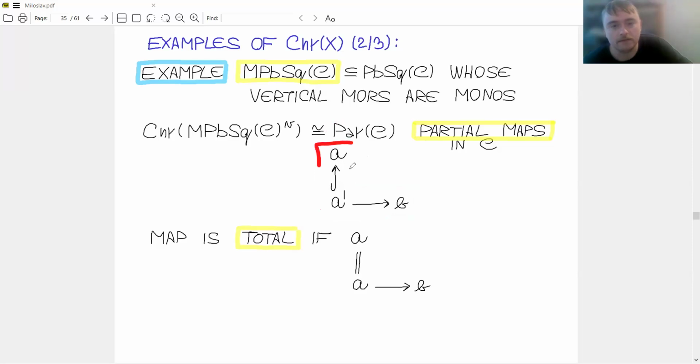So this is like the domain of a function, but the function is only defined on this smaller subset, like in sets at least. And the map is called total if this is defined everywhere. This is expressed by this identity here.